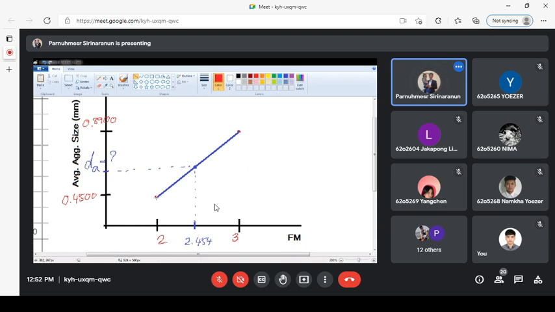From the first to the second point that you know, you can draw the line like this. What you get is a triangular shape.